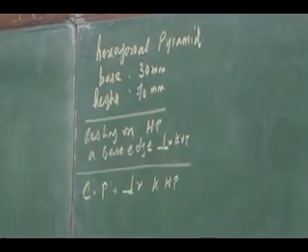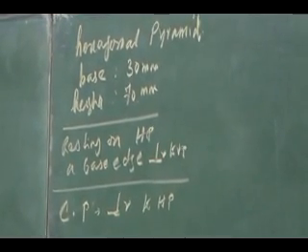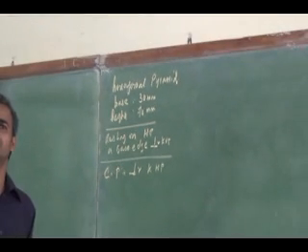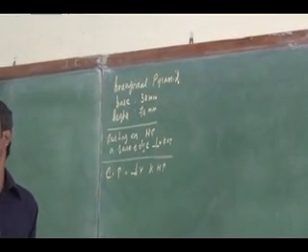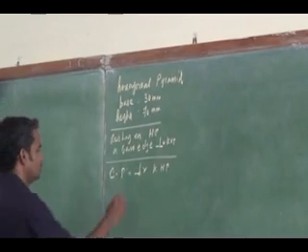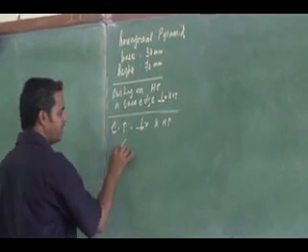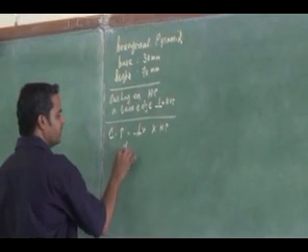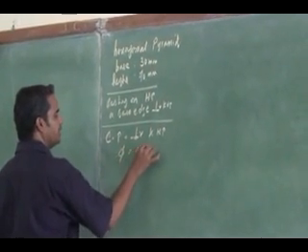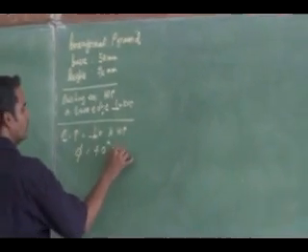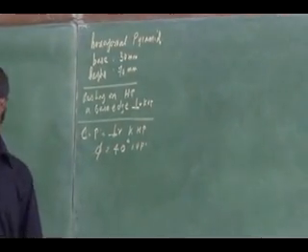40 degree inclined to VP. So the cutting plane is perpendicular to HP and 40 degree inclined to VP. Right.